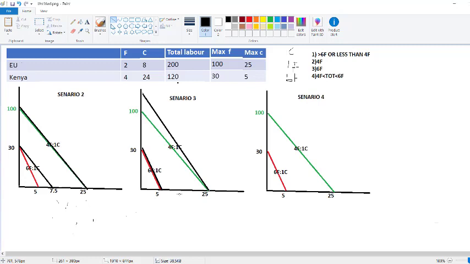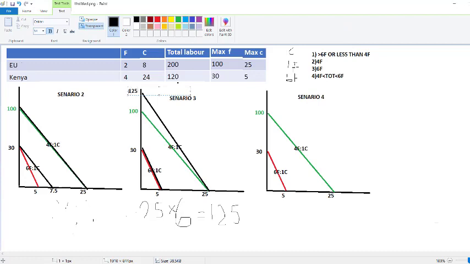So 25 carbons are worth how much? 25 carbons times 6. What does that give you? 125. Put that value in here. 125.